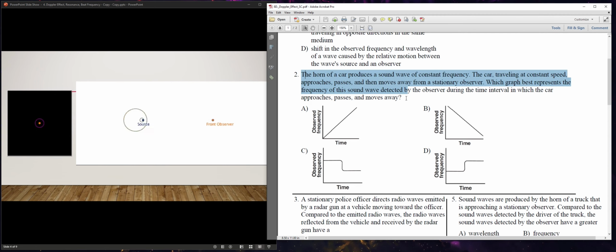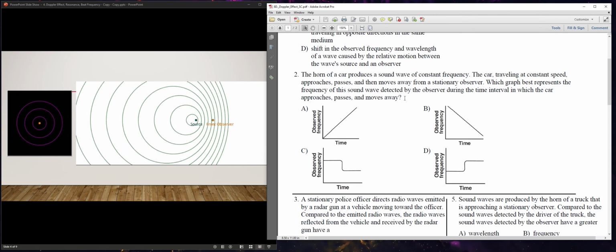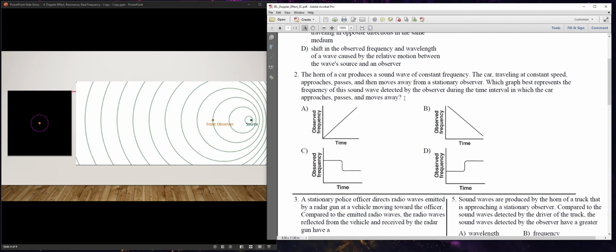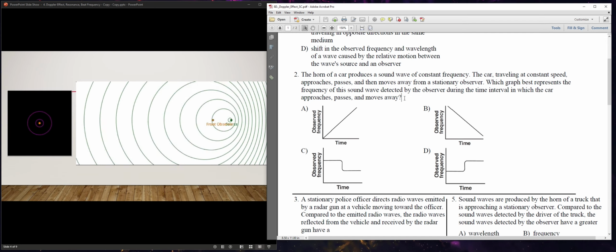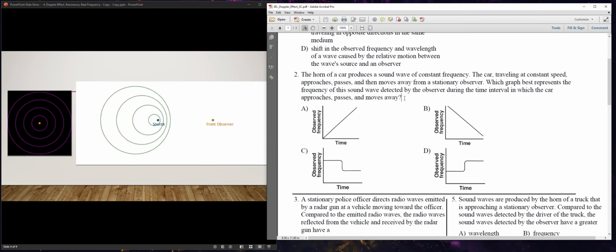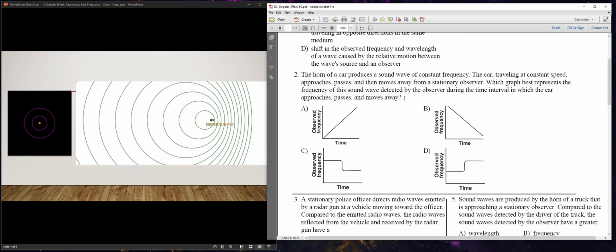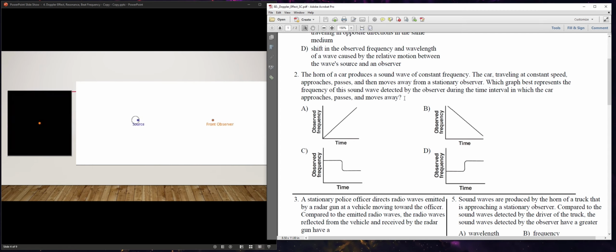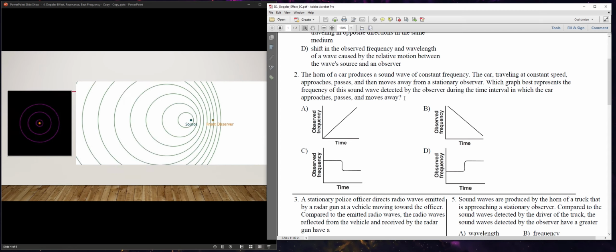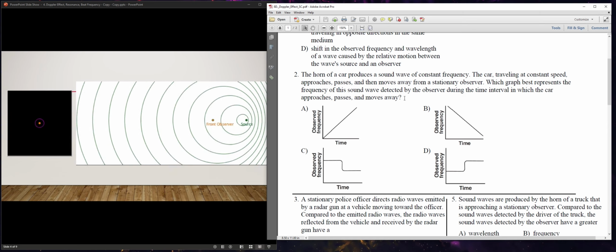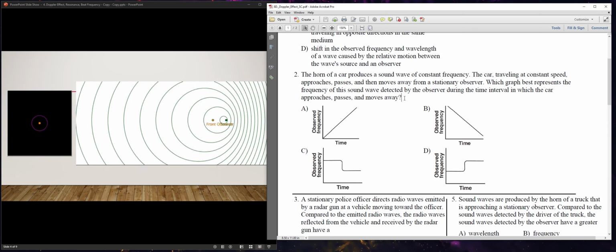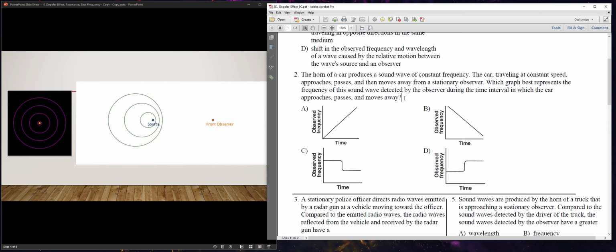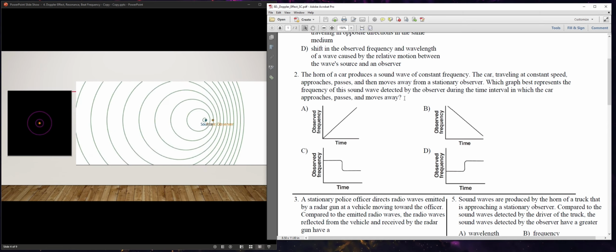So number two. The horn of a car produces a sound wave of constant frequency. The car, traveling at constant speed, approaches, passes, then moves away from a stationary observer. Which graph best represents the frequency of the sound wave detected by the observer during the time interval in which the car approaches, passes, and moves away? Now this is a bit confusing.